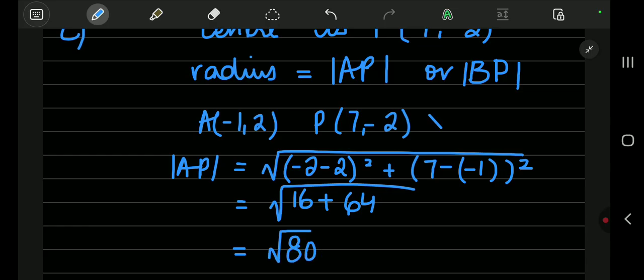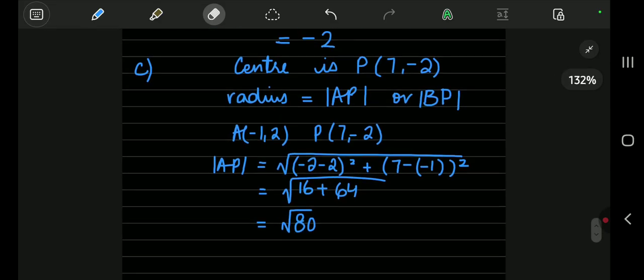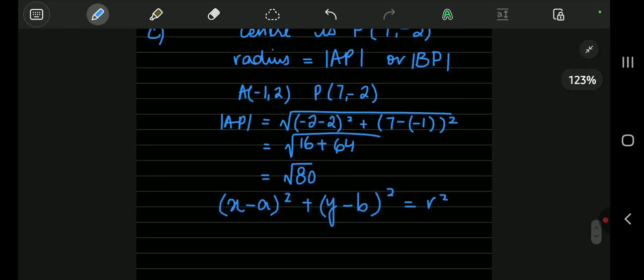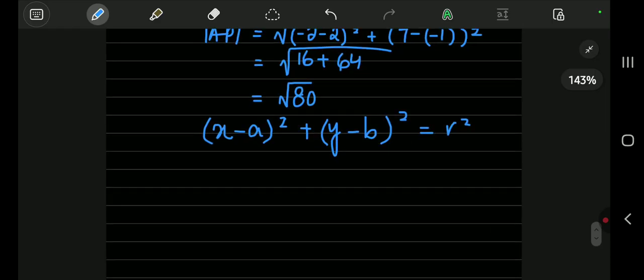We don't need to resolve this further because we need r squared, so that's fine. So what is the equation of the circle? (x - a) squared plus (y - b) squared equals r squared, where a and b are the x and y coordinates of the center of the circle. So it will give you 7 and -2.